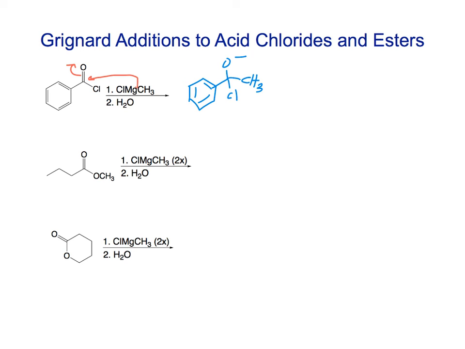Okay, what can happen at this point? Right, so is there a leaving group? Yeah, there's a leaving group this time, and so these electrons can come down like this, and we can lose the chloride. It's exactly the same thing that happened when we used hydride, when we were using lithium aluminum hydride. So what do we get from this step? What kind of a functional group?